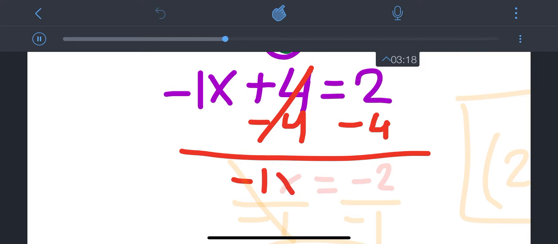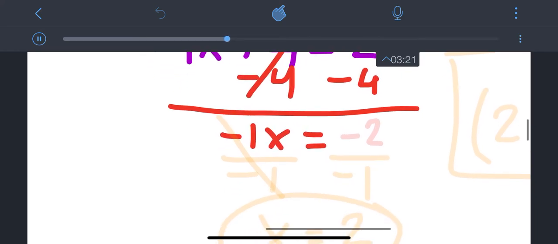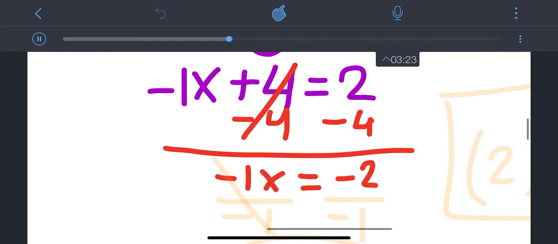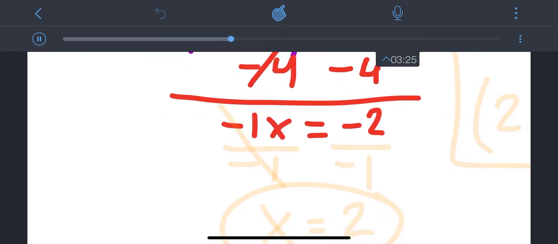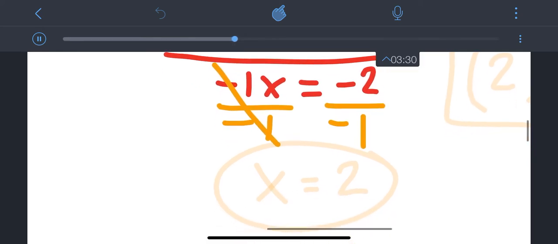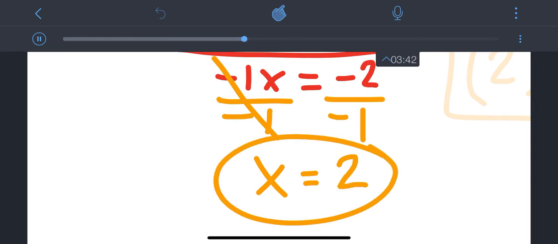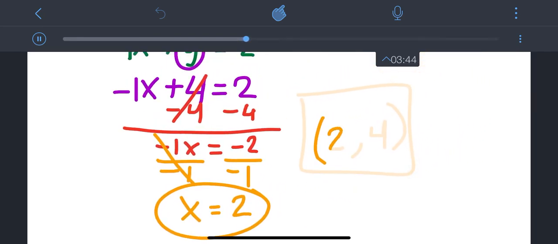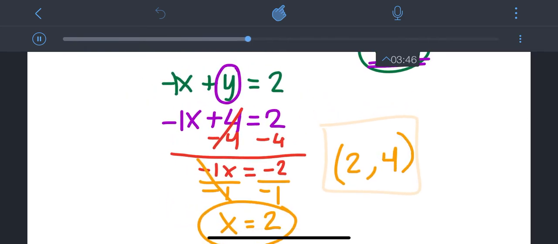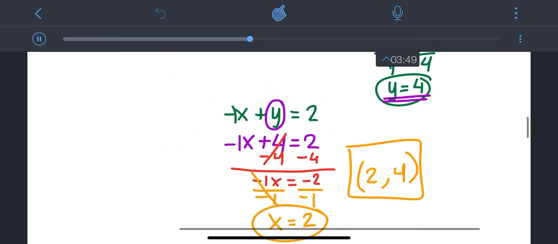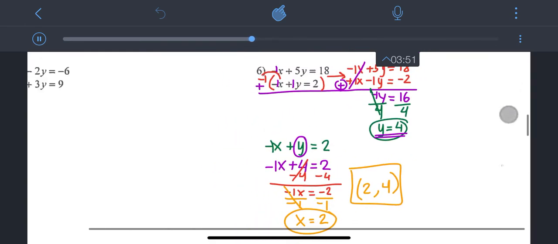Got -1x equals 2 minus 4 is -2. Last step, divide both sides by -1. You get x equals -2. Oh, sorry, that's positive 2. And our answer as a coordinate point is (2, 4). Okay, so that's number 6.